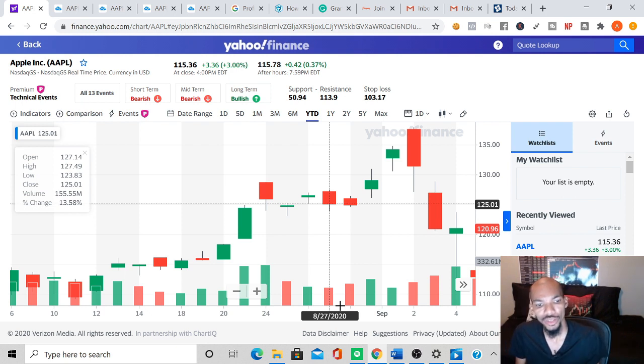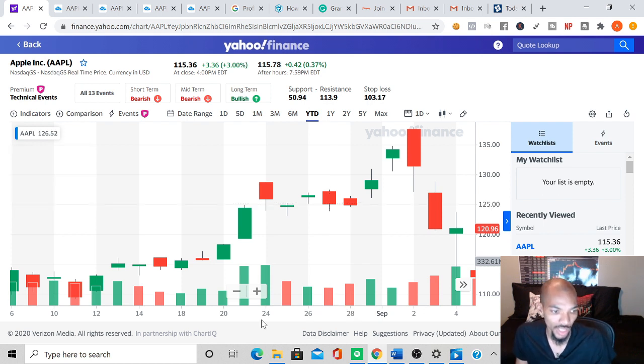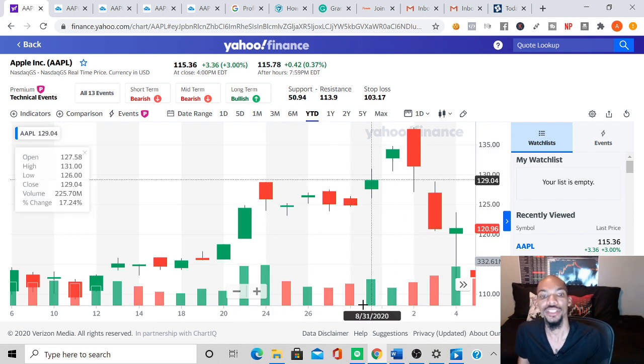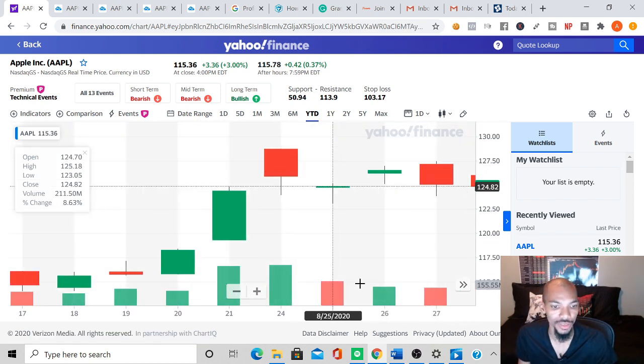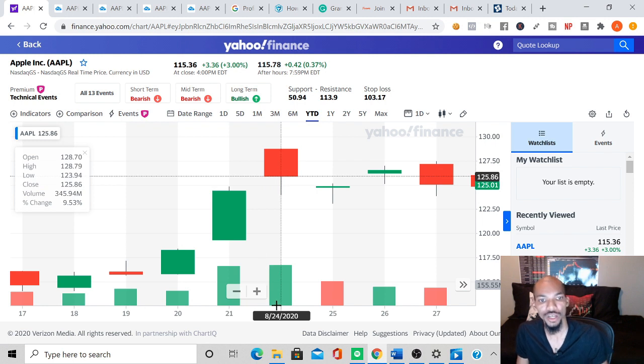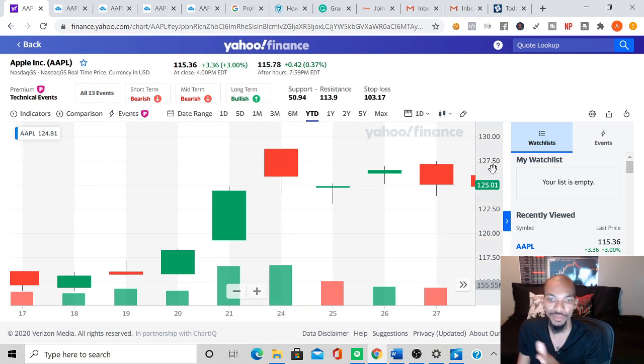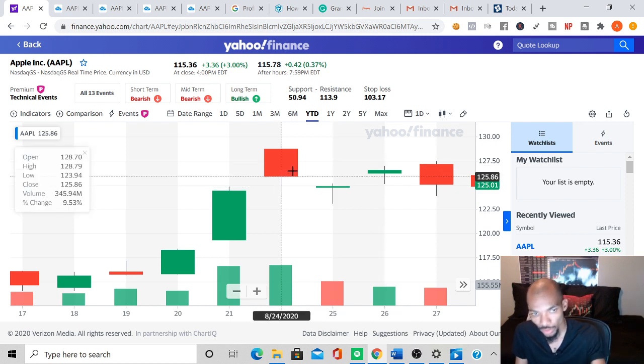I remember earlier on I was going to tell you about the colors of the volume, just in case you were interested in it. A lot of times you notice they will match up. The reason why I said not to pay attention to the colors too much is because for this one, you see it is red, but the volume is green.